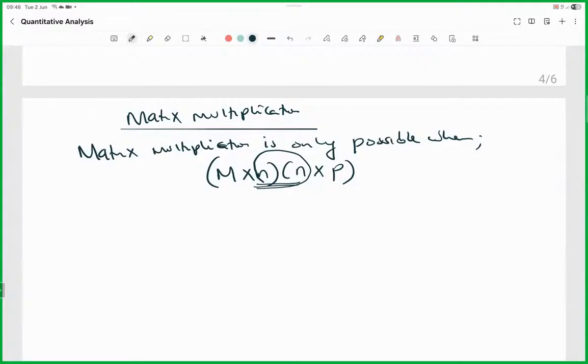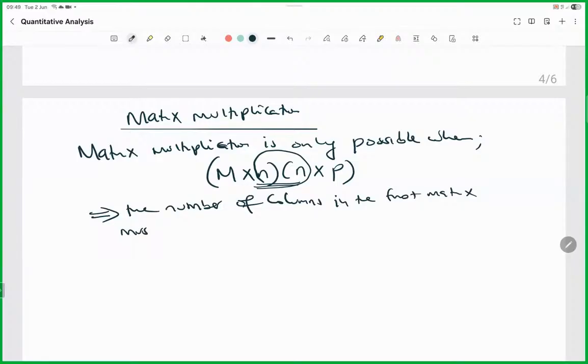The number of columns in the first matrix must equal the number of rows in the second matrix.